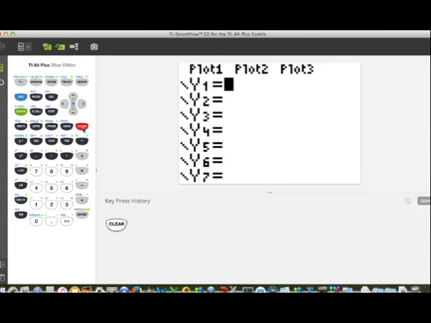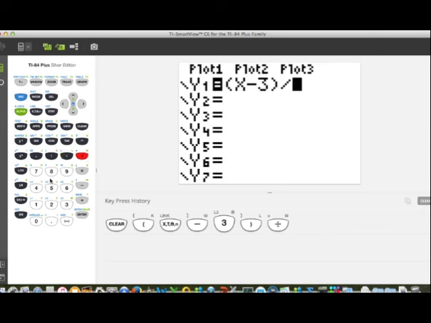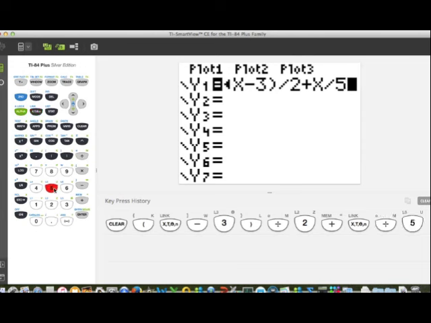Let's clear the equation we have right now, and y1 will be parentheses, x minus 3 divided by 2 plus x divided by 5. And that's our first equation we're entering.